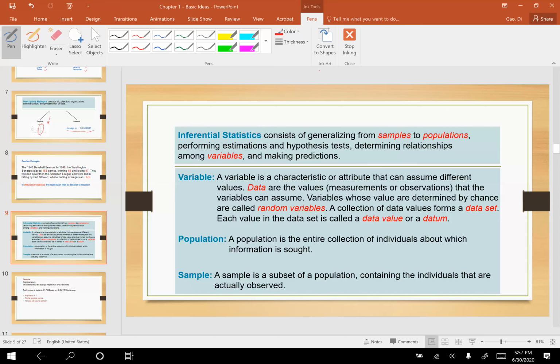We can actually observe the individuals in the sample, but not the population. So we could say students attending this 1369 class during the summer 2 semester are considered a sample. Those are the individuals that we can actually observe. So those are the definitions of variable, population, and sample.